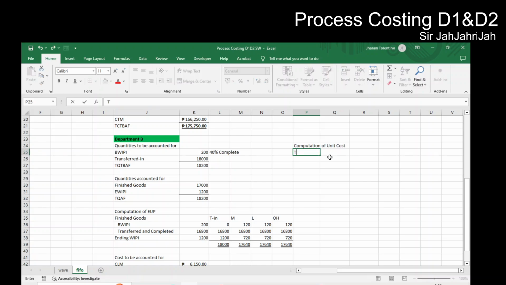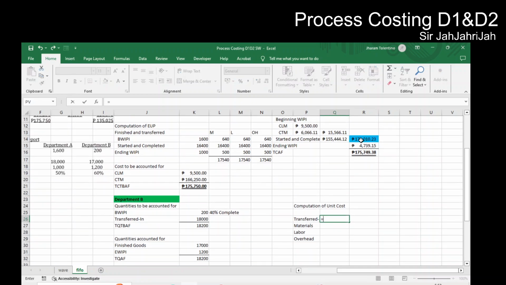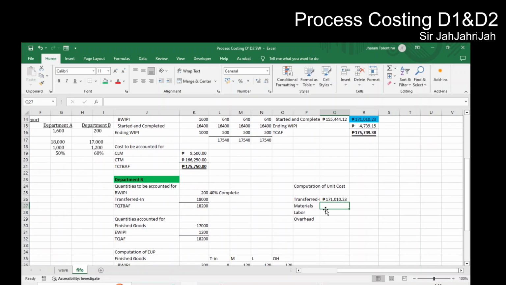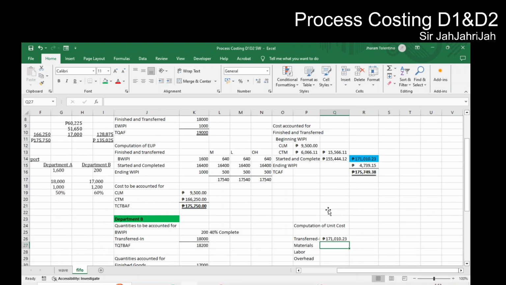We have the transferred in cost, the materials, labor, and then we have the overhead. Okay, so the transferred in cost is 171.10.23. The materials for the month is 60,225, 51,650, and 17,000.